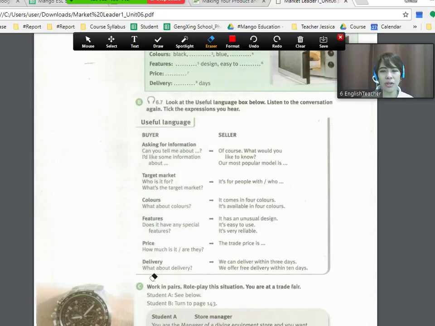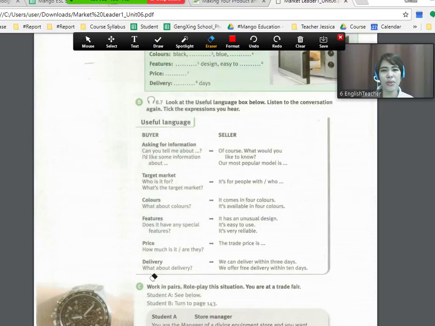Now for the colors, when a question is asked, what about the colors, or what are the available colors for this product, the question also has the answer, of course. So the possible answers by sellers are, it comes in 4 colors. So it comes in pink, gray, silver, and black.